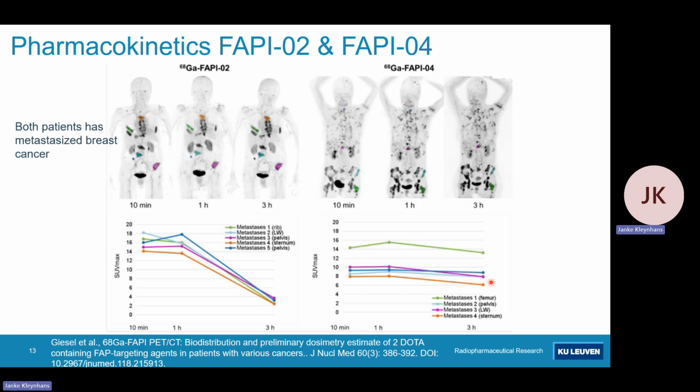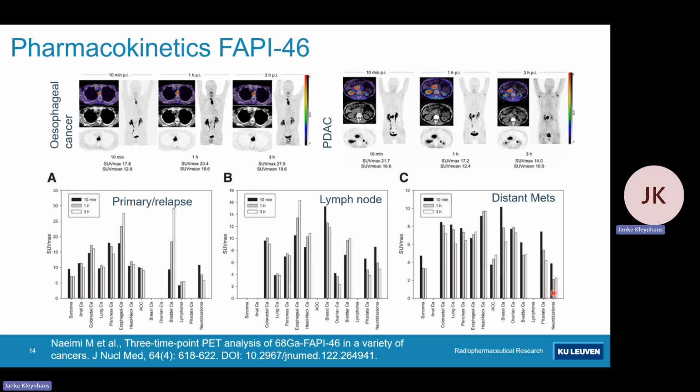So if you use FAPi 02 or 04 for therapy, you will see washout of your tumors after a certain time. And if you match this with lutetium-177, for example, the radiopharmaceutical will wash out before it has reached therapeutic efficacy.